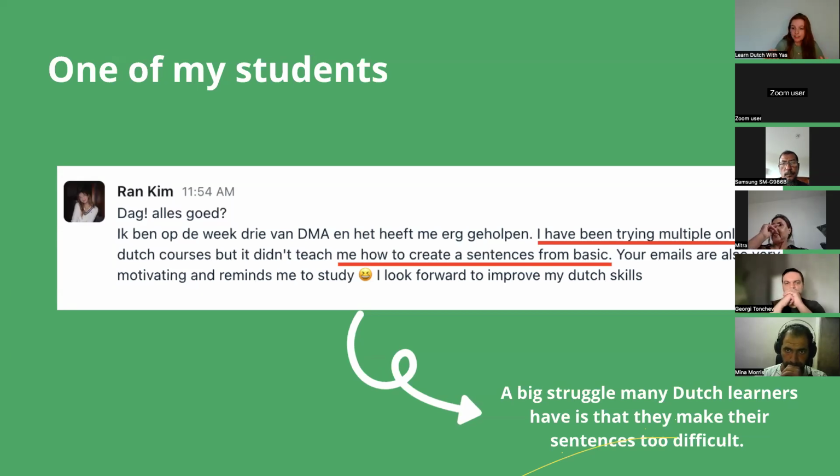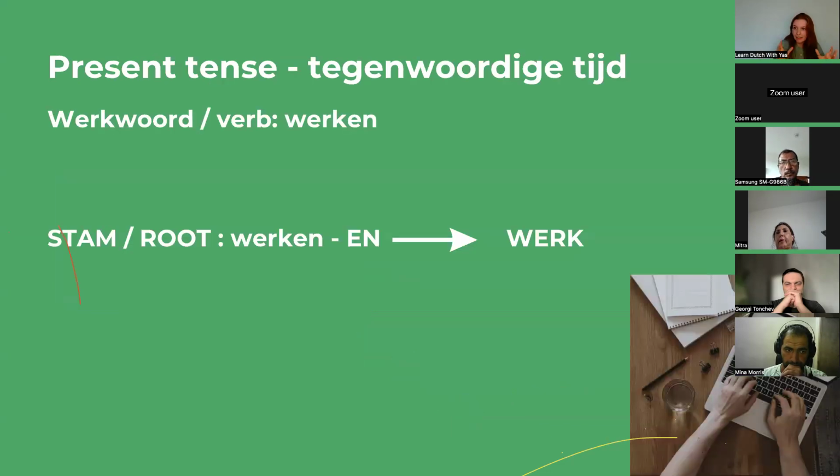That can happen. So the thing is, a lot of Dutch learners try to speak a lot from the beginning, and so the sentences that they make aren't making that much sense. And that's why in my courses, what we do is we start with basic sentences.